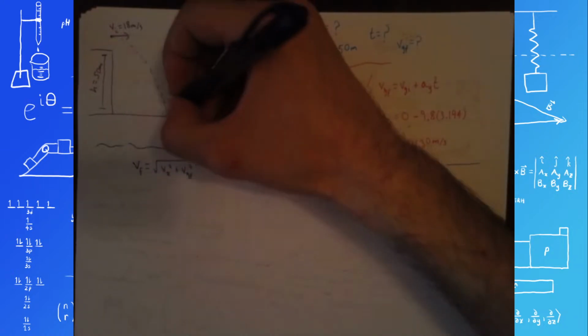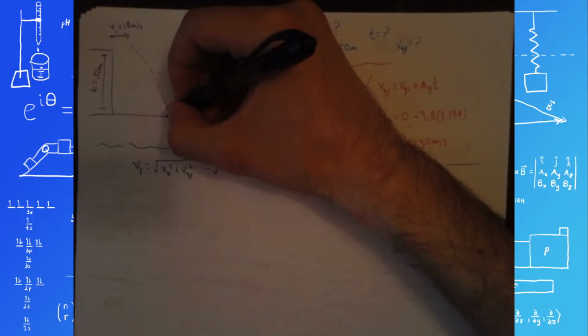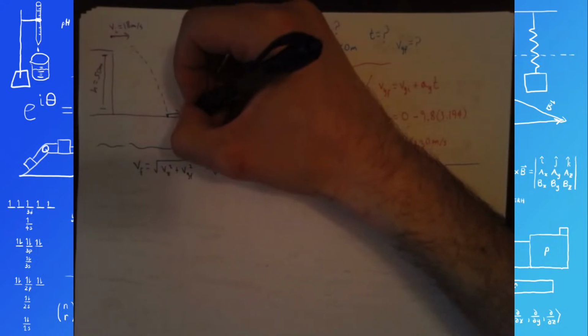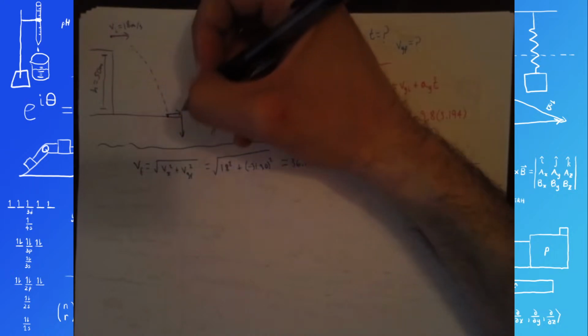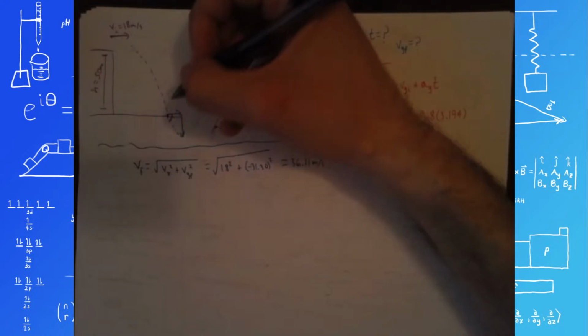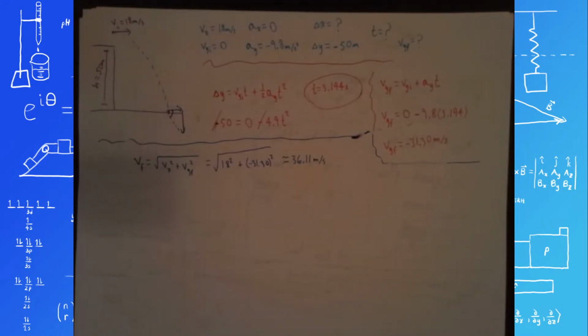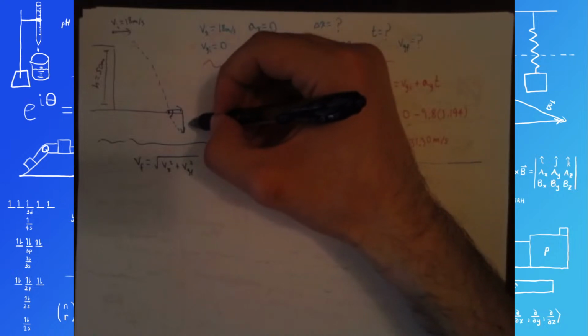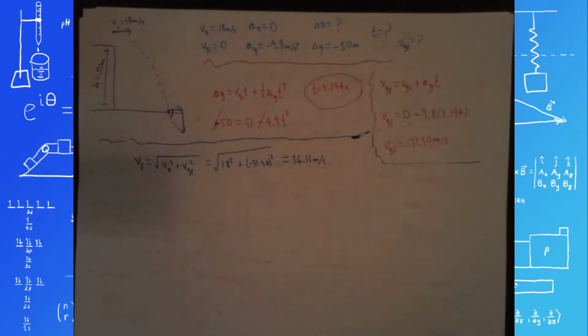What about the direction? It's still going to have a horizontal component, and it's going to have this whole vertical component to it. I want to find the angle made below the horizontal. So opposite would be the vertical component, adjacent would be the horizontal. Opposite over adjacent equals tangent. So opposite, 31.3, over adjacent, 18, is about 1.7388888.